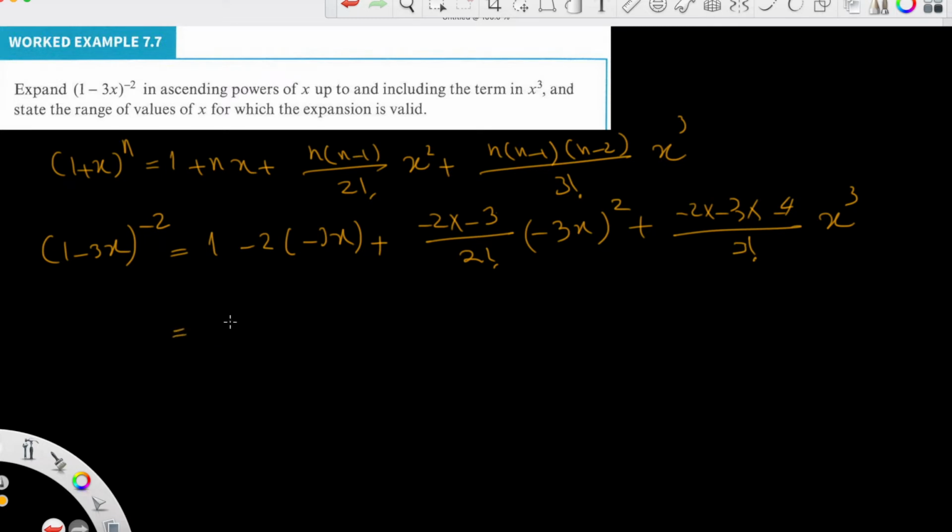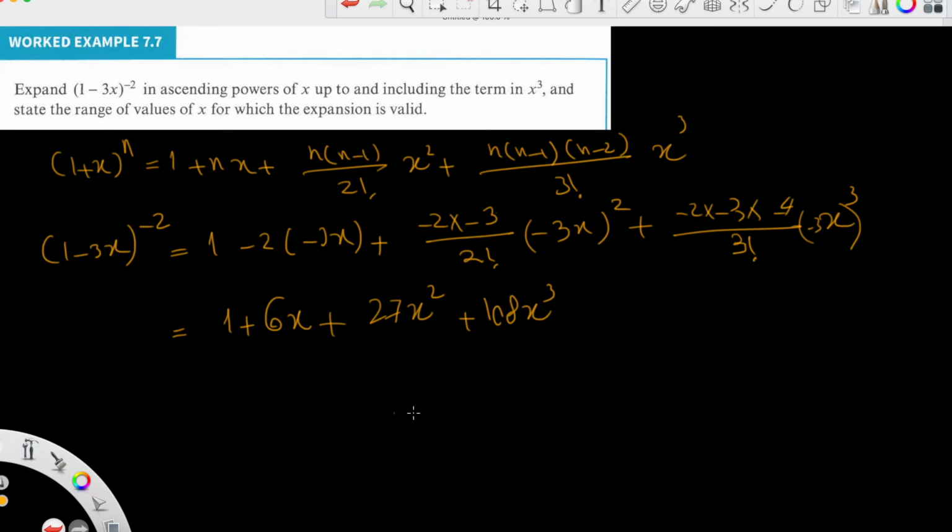Now if you simplify, it will be 1 plus 6x, then plus 27x squared, and then, since it is -3x to the power of 3, it becomes plus 108x cubed.